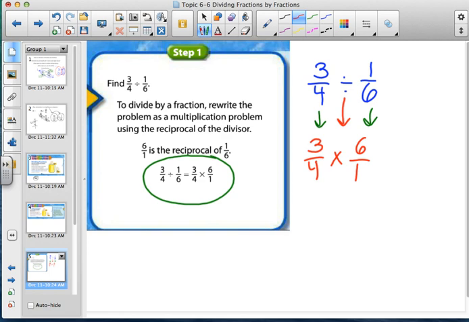Now, is there any of that cross-canceling that we can do? Look carefully. Look both ways for numbers that get along. Elena? Yeah, 6 and 4 certainly get along, don't they?